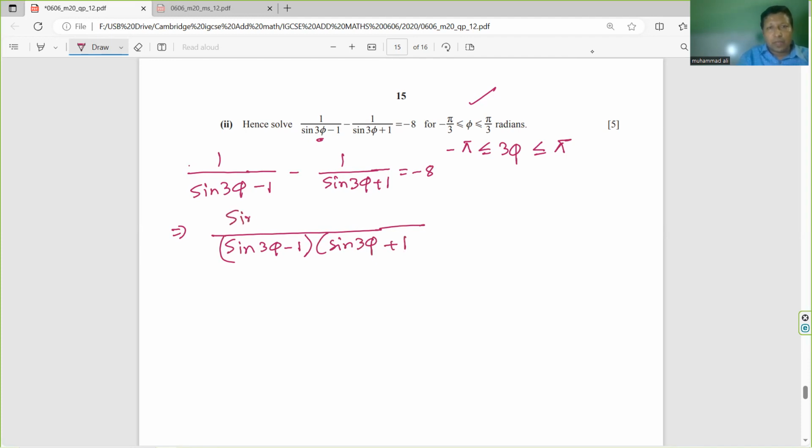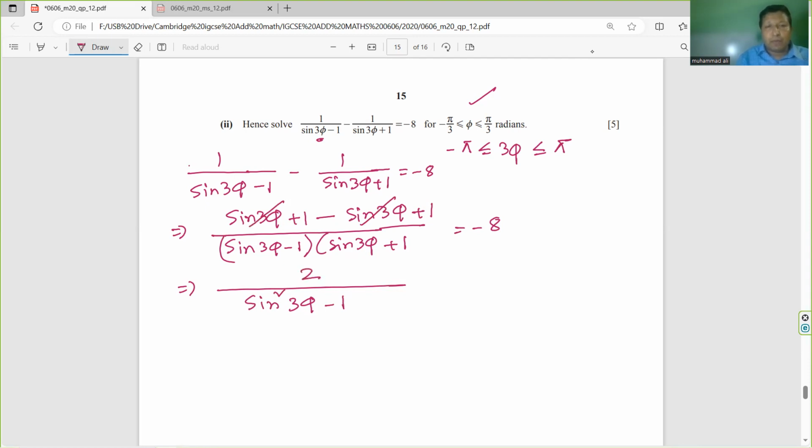The numerator is sine 3 phi plus 1 minus sine 3 phi plus 1, which equals minus 8. Below, it is sine square 3 phi minus 1, and above, sine 3 phi and minus sine 3 phi cancel, leaving 2. By the previous maths, we found that sine square 3 phi minus 1 means minus cos square 3 phi, so 2 by minus cos square 3 phi equals minus 8.